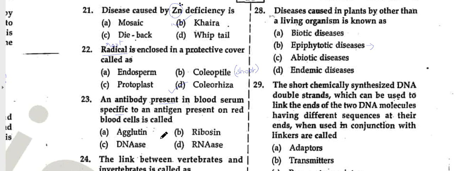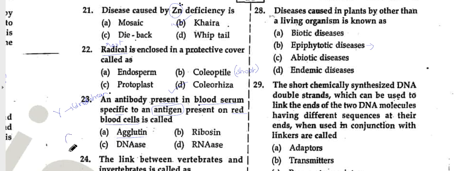Now, an antibody present in blood serum specific to an antigen present on red blood cells is called as agglutinin. So, an antibody which is present in the bloodstream is specific to the antigen on the red blood cells.